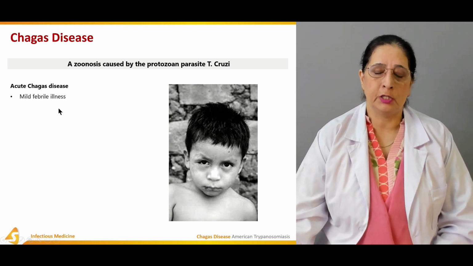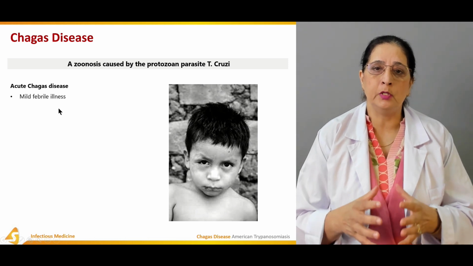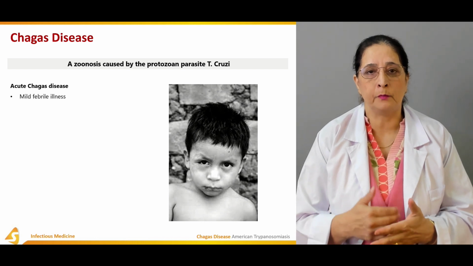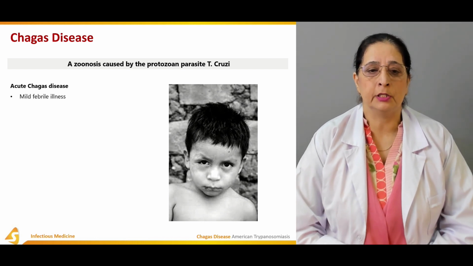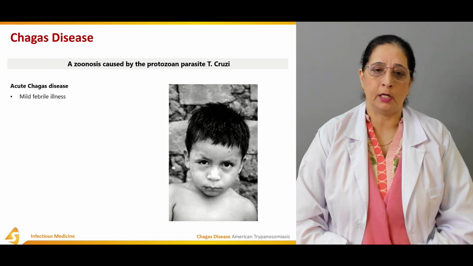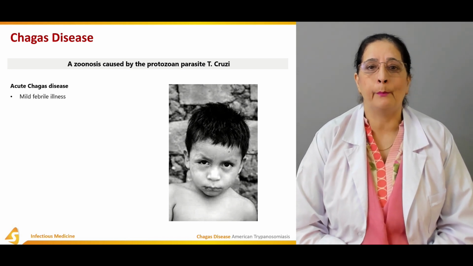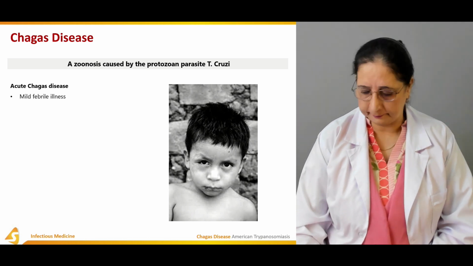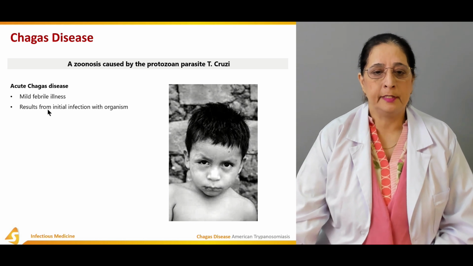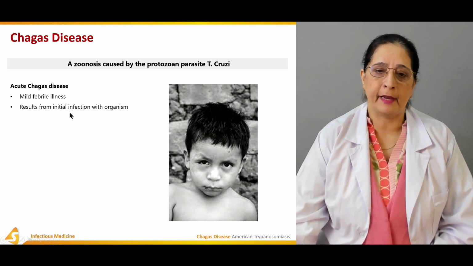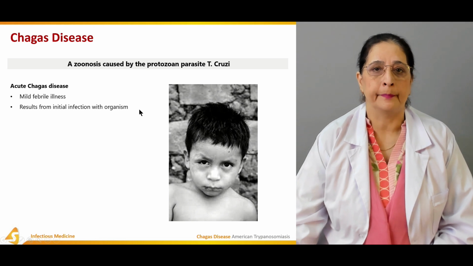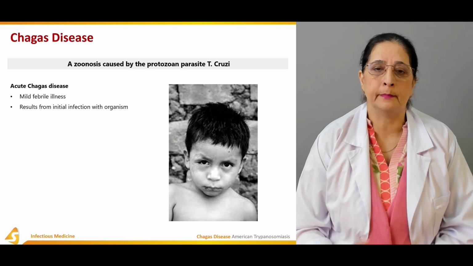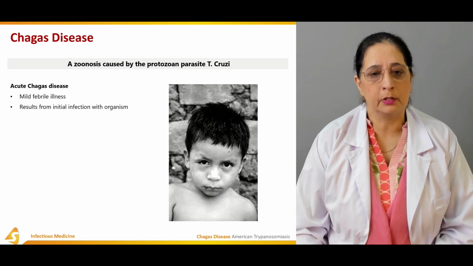Acute is the short-term duration disease which lasts a short time. In acute Chagas disease we have a mild febrile illness, mild fever, resulting from initial infection with the organism Trypanosoma cruzi.